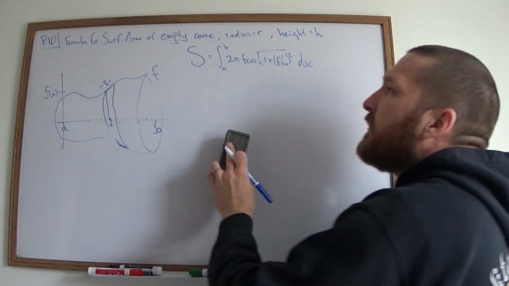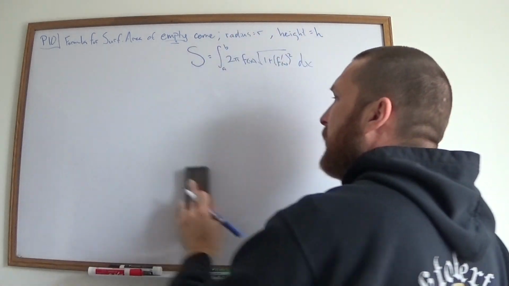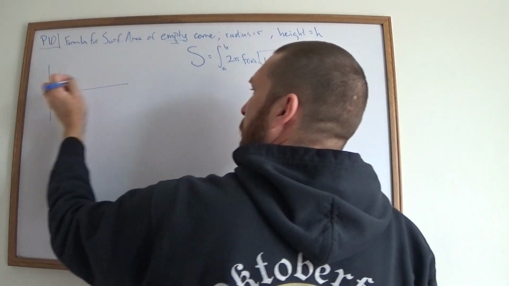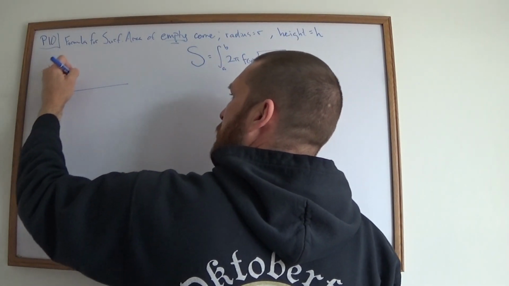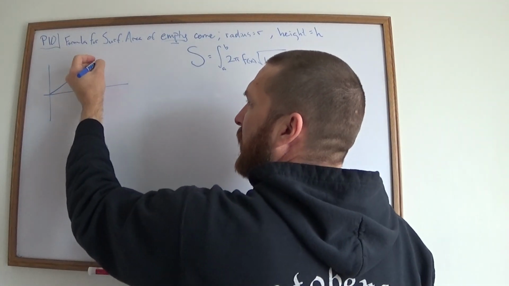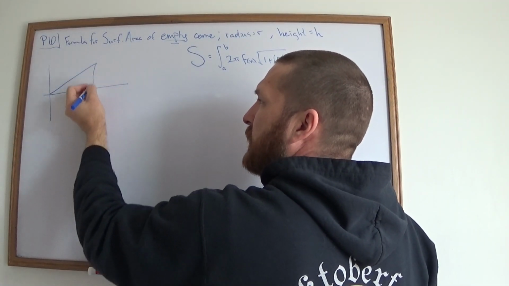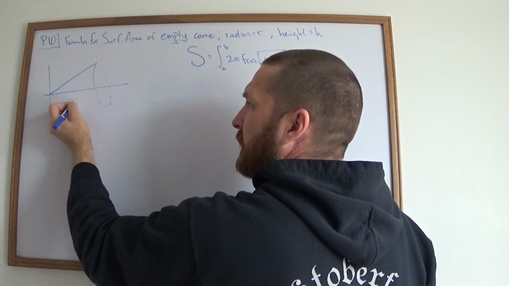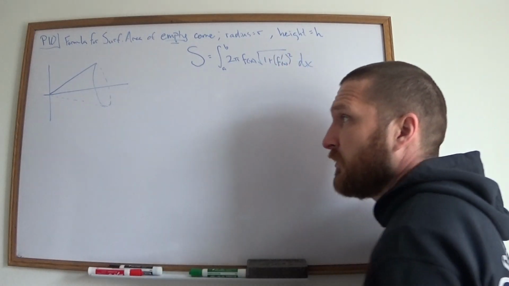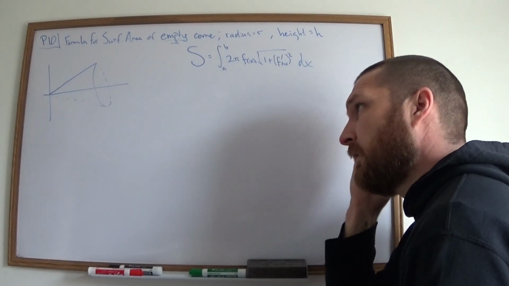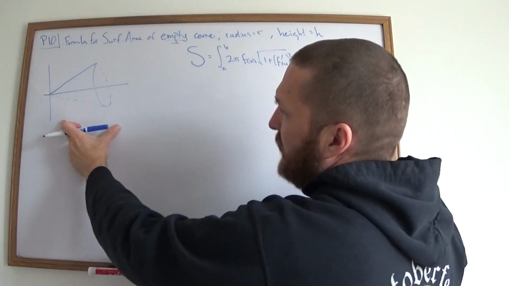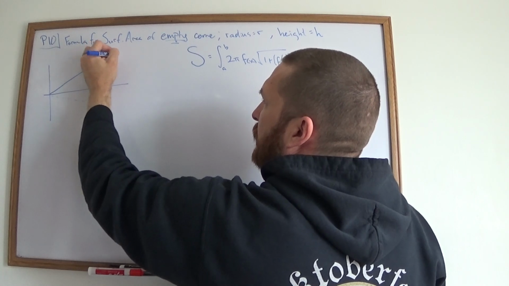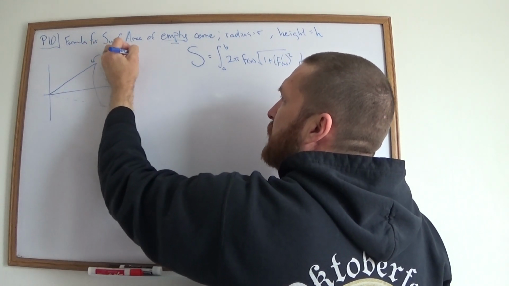And if you did the previous problem, problem 10, you know that we could do this rather easily by just orienting the cone, putting the tip of the cone here at the origin, and then saying, okay, if I had this line and I rotated it around, that would give me my cone, right, because in the last problem it was a volume of revolution. Here we're doing a surface of revolution. And so, okay, then this would be my f, which is a line, mx plus b.